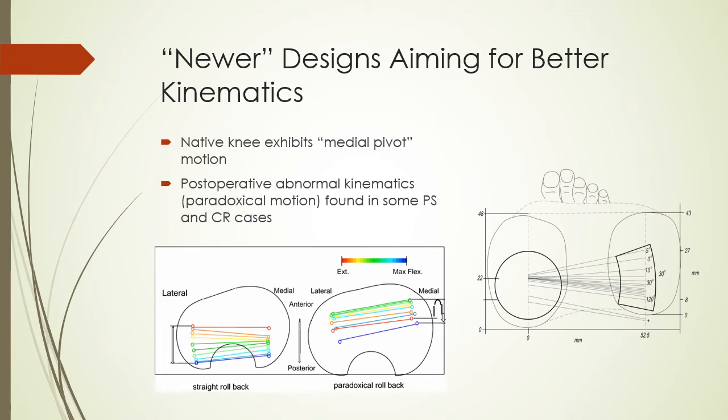But on the right side, there is the paradoxical rollback. That means at the beginning of flexion, if you look from red to green, at early flexion angles the contact points actually go forward, then roll back. That is abnormal, which we do not see in the native knee. So knowing the limitations of existing devices, sometimes even abnormal rollback, these newer designs are trying to address this by enabling better kinematics.